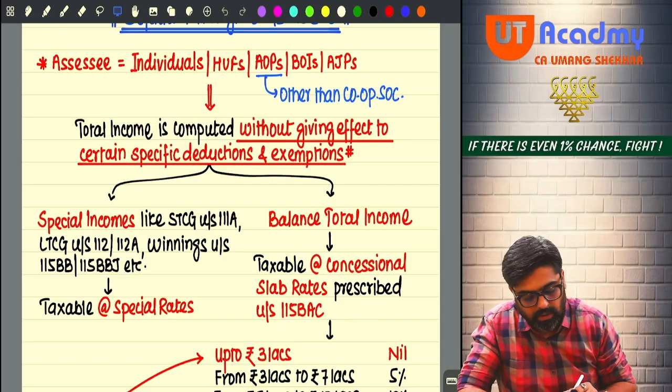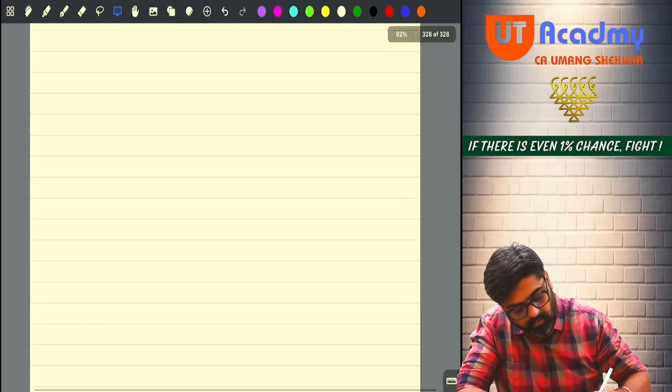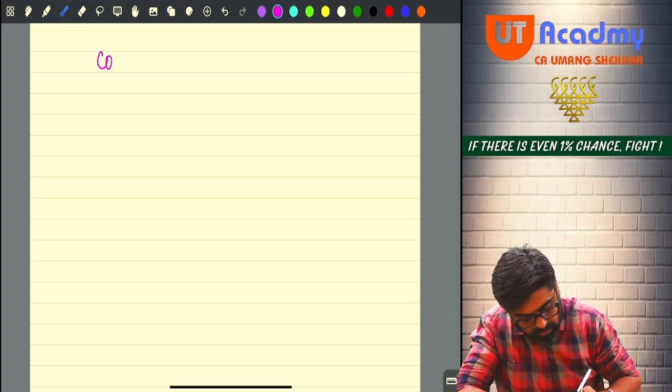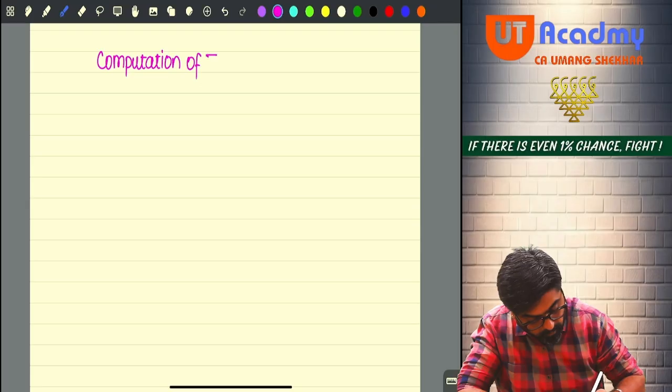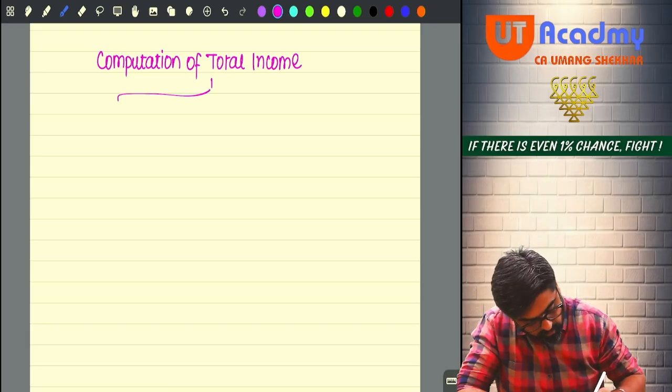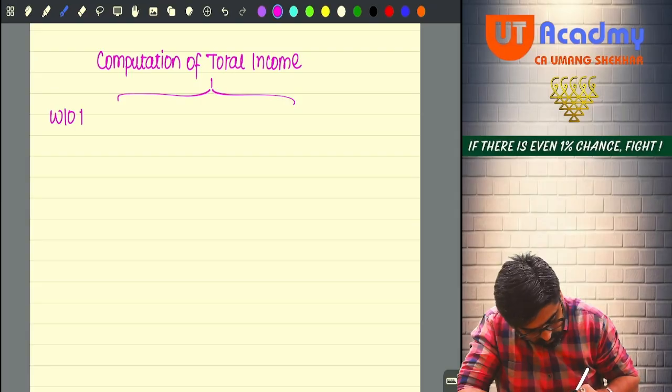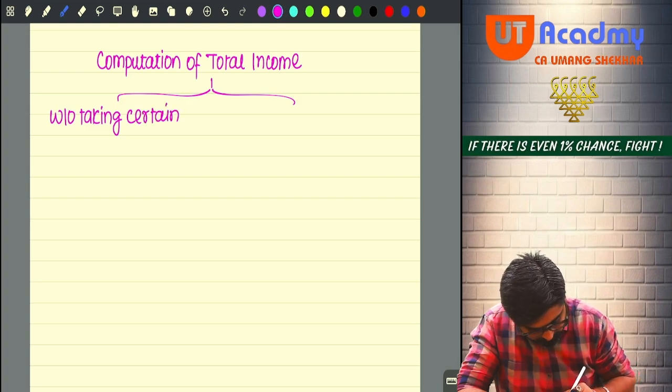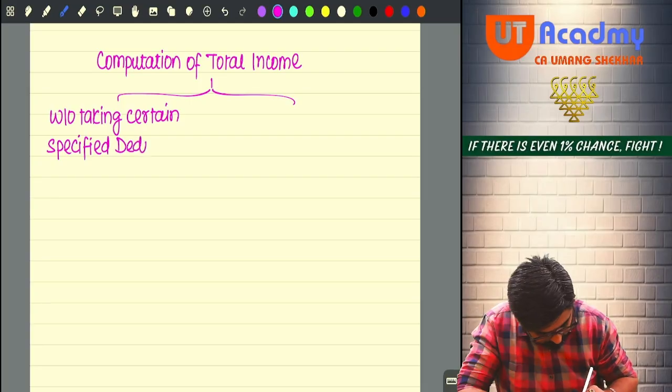Okay, now what you are supposed to do? See, whenever you compute your total income, compute your total income without taking certain specified deductions and exemptions.